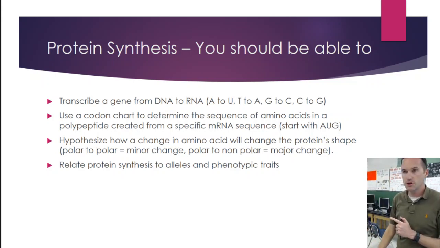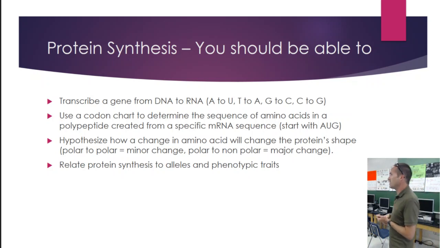Questions on stuff you should be able to do from protein synthesis? I guess down here in protein synthesis, we could also talk about incomplete dominance. In incomplete dominance, we know that you're producing half as much of that pigment.